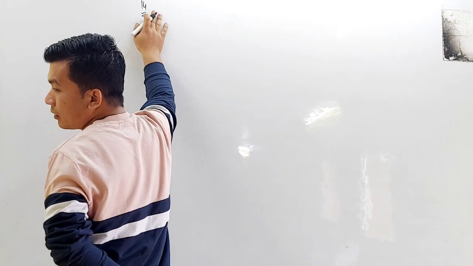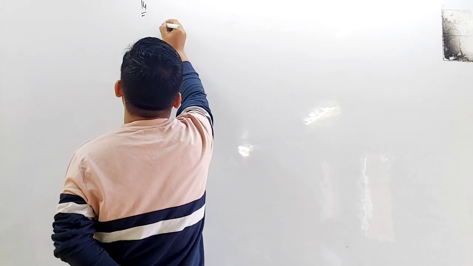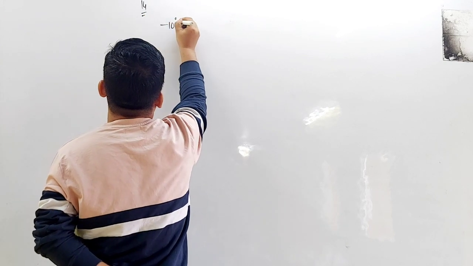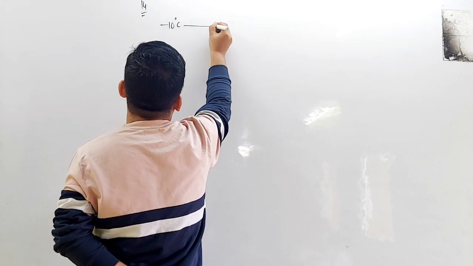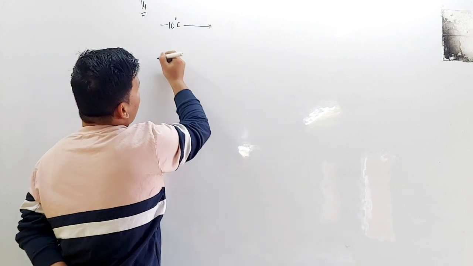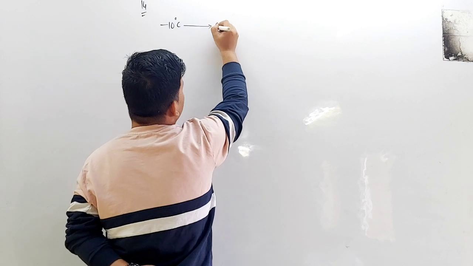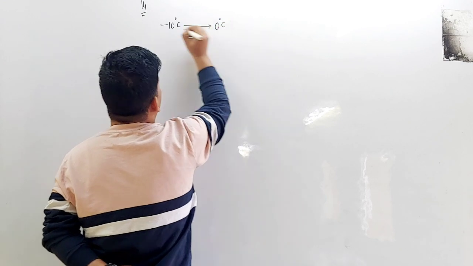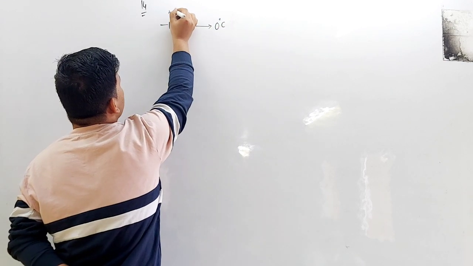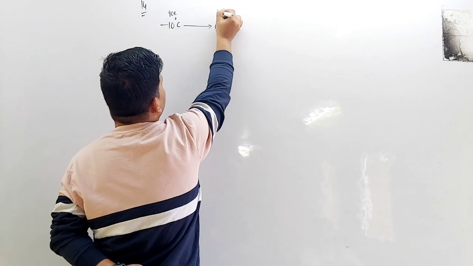In question number 14, the ice at minus 10 degrees Celsius undergoes a temperature increase from minus 10 degrees Celsius to 0 degrees Celsius. This will still be ice.